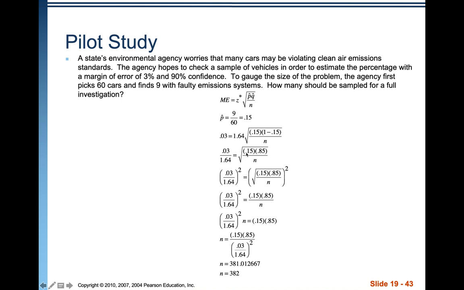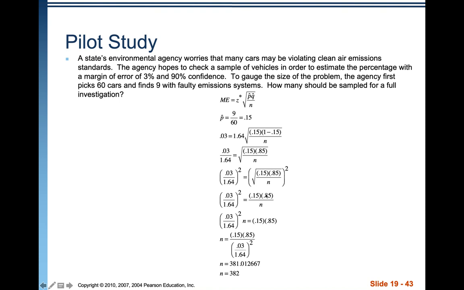All right, so right now, the n is in a denominator in an expression that's being square rooted. So we're going to undo the square root first by squaring both sides. Now, guys, I tend to wait to do the calculation to the very end so that I'm not tempted to round as I go. So (0.03 divided by 1.64) squared is equal to 0.15 times 0.85 over n.